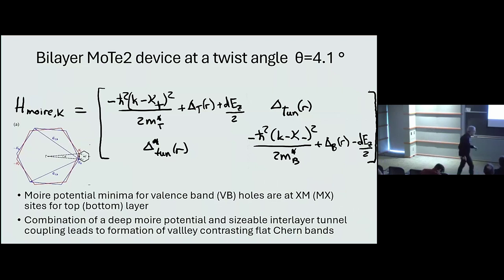I don't know why this is not working. Maybe there's a laser that I could use in parallel. All right. And then the original K plus and K minus points of the underlying Brillouin zone essentially become a spin-like degree of freedom.